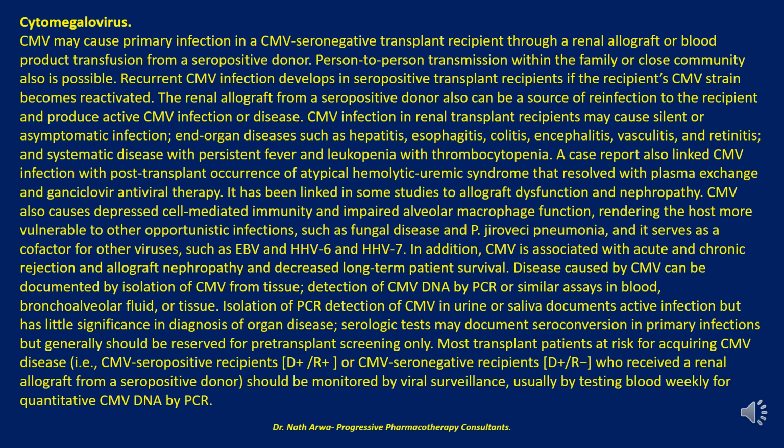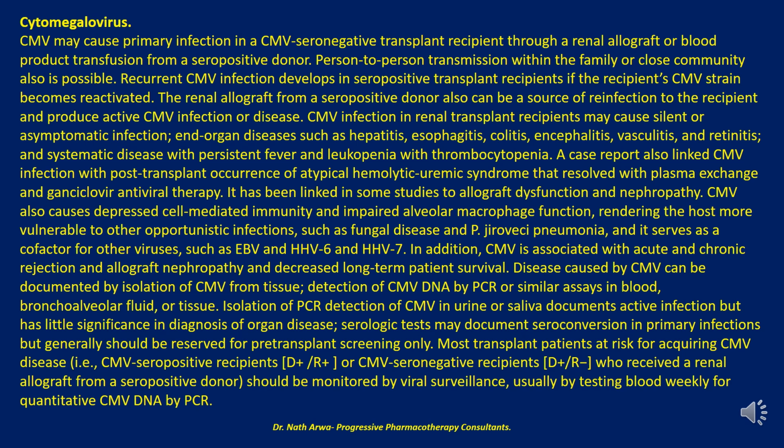In addition, CMV is associated with acute and chronic rejection and allograft nephropathy and decreased long-term patient survival. Disease caused by CMV can be documented by isolation of CMV from tissue, detection of CMV DNA by PCR or similar assays in blood, bronchoalveolar fluid, or tissue.